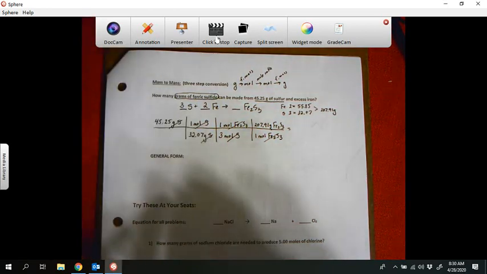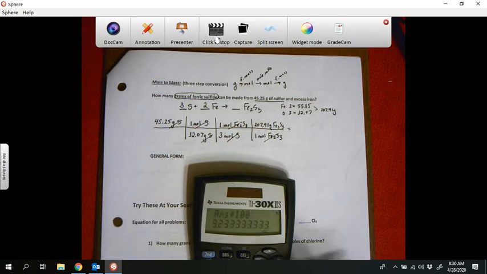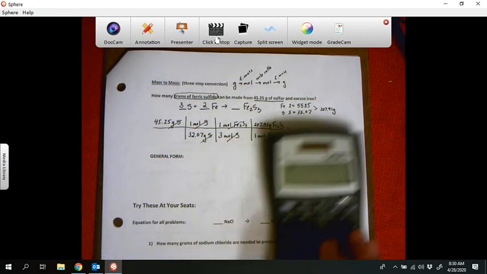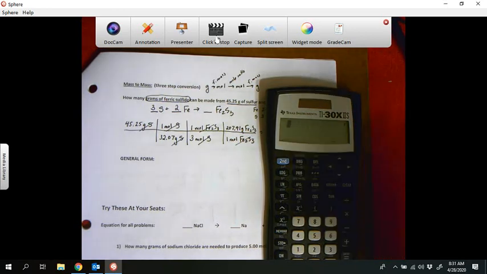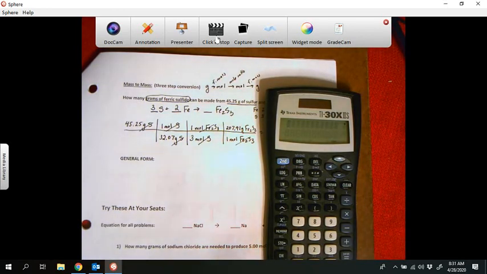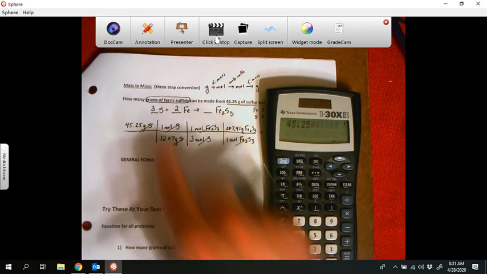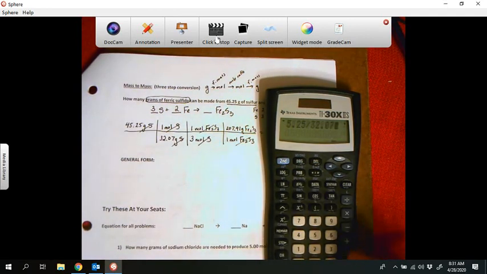So in your calculator, you really want to make sure that you are putting things in the calculator correctly, because you can have order of operation mistakes if you don't hit equals after everything. Remember, if something's in the top, you multiply. If something's in the bottom, you divide. So I'm going to take the 45.25 divided by 32.07 and hit equals.